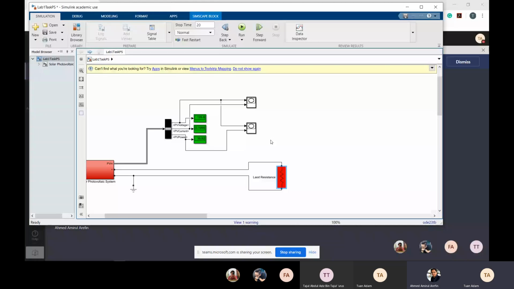Okay, and what is the power for the open circuit and what is the power for the short circuit? You also need to analyze where we are getting the higher power, the open circuit or the short circuit.